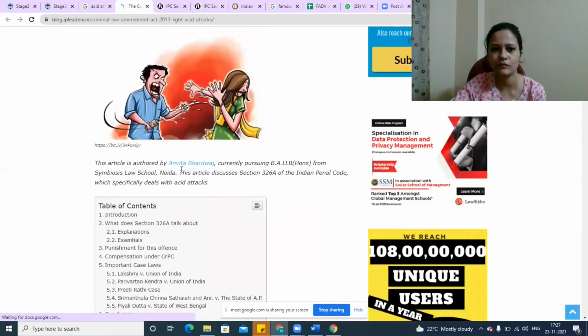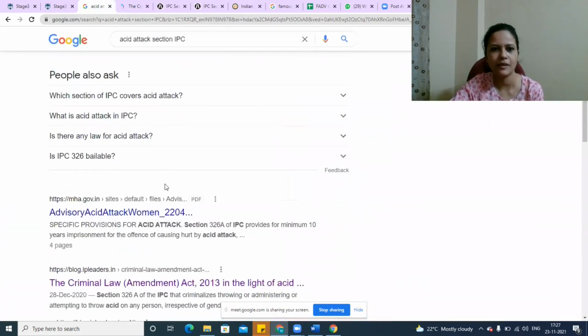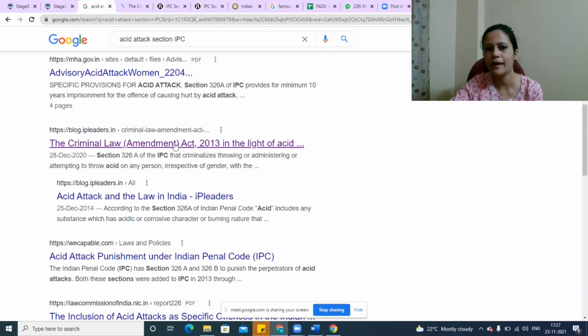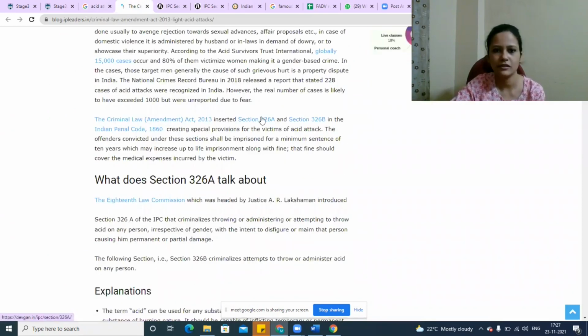That's the reason why in 2013, by way of the Criminal Law Amendment Act 2013, two sections, 326A and 326B, were inserted. This means they figured out that it is a problem, and people are not much aware of it because we don't have this provision. So we need to insert it.